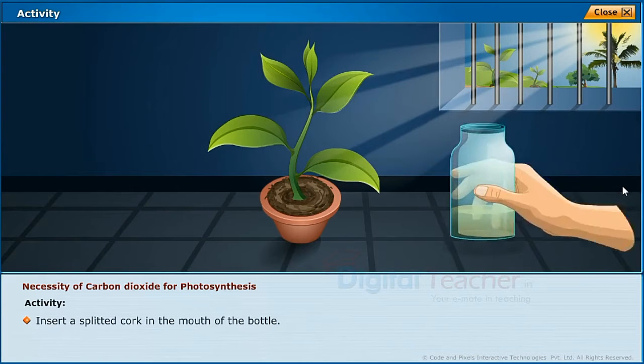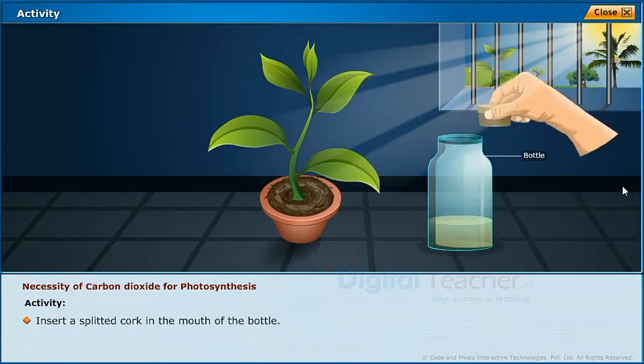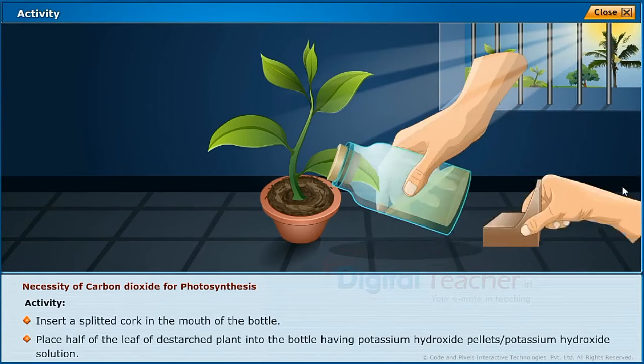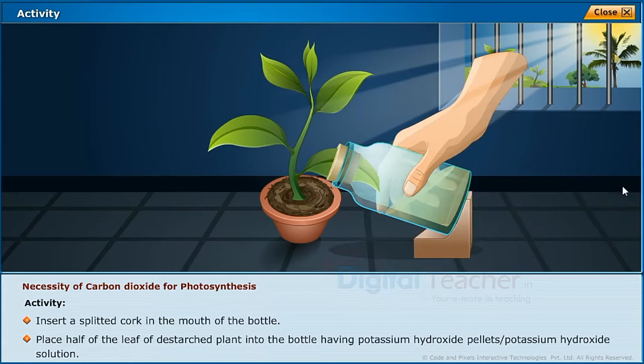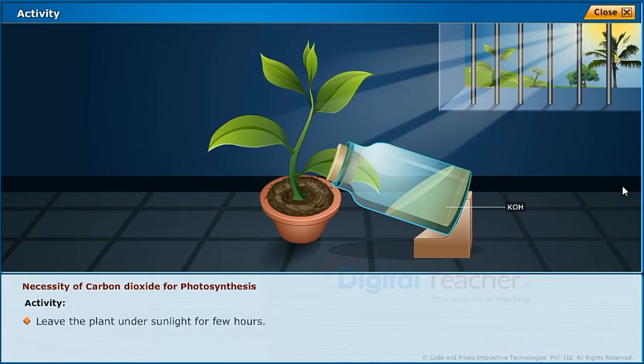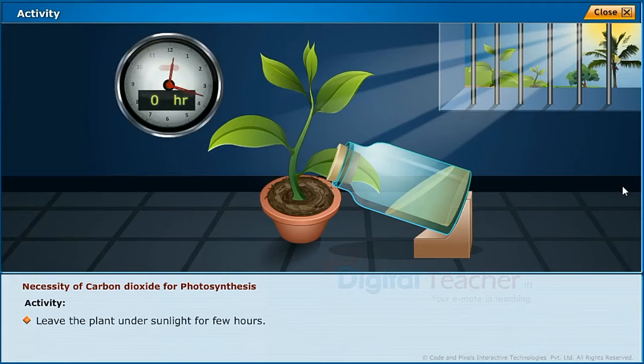Insert a split cork in the mouth of the bottle. Place half of the leaf of the destarched plant into the bottle having potassium hydroxide pellets or potassium hydroxide solution. Keep it under sunlight for a few hours.